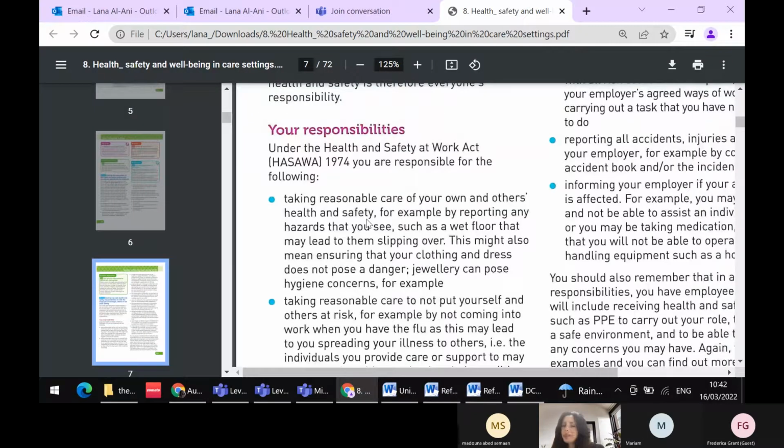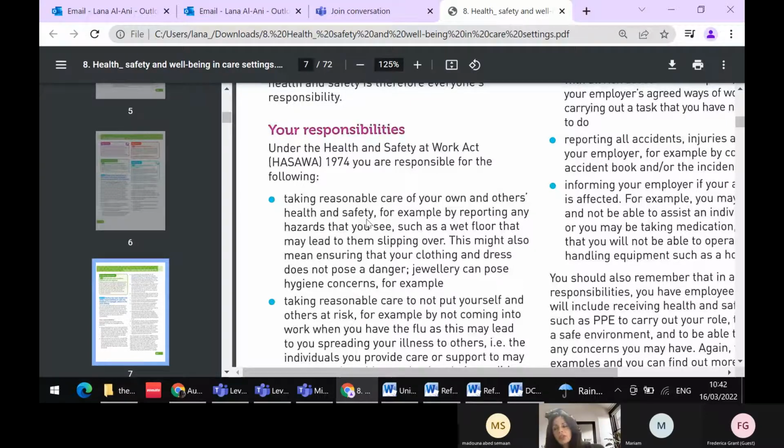If I was going to answer this question, I would say my responsibilities as a care worker under the Health and Safety at Work Act 1974 is to take responsibility, care of myself, and also the health and safety of the people I care for, and for the environment that we are working in. Part of my duties is to report any hazard, any faulty equipment, any wet floor.